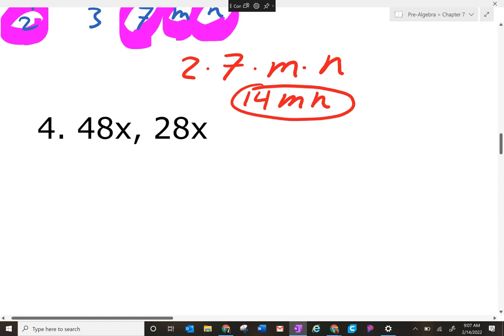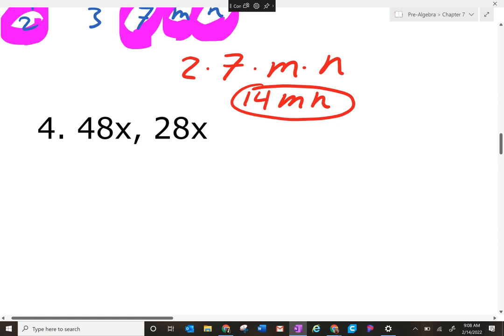Tap this one, tap this one, tap this one to get to the final answer. Still got to break down this one, because 24 is not prime. 4 breaks down to 2 2s.